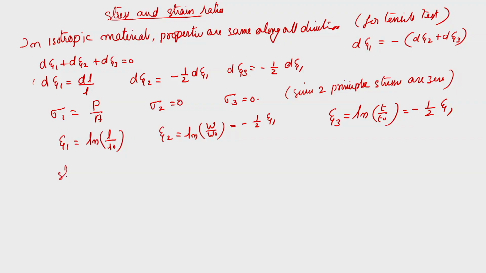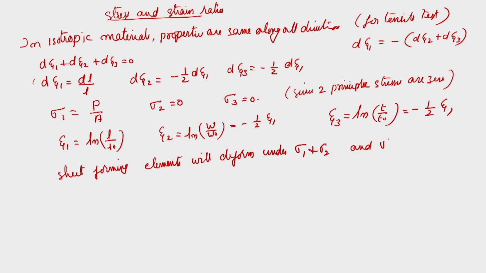So, in typical sheet forming, elements will deform under sigma 1 and sigma 2, and sigma 3 we can assume is 0.